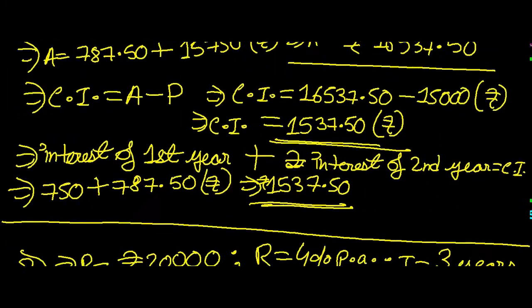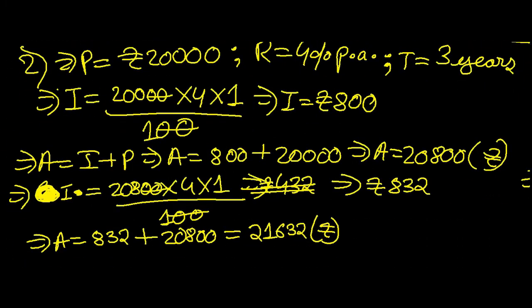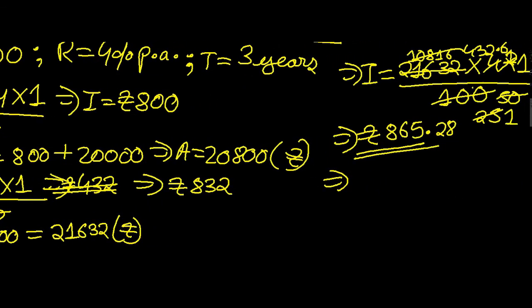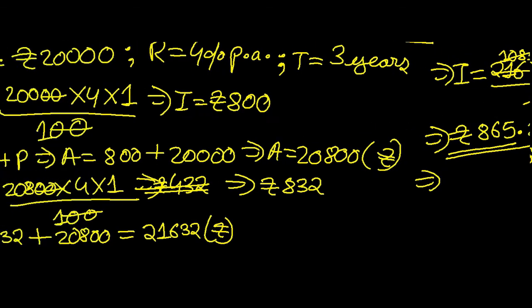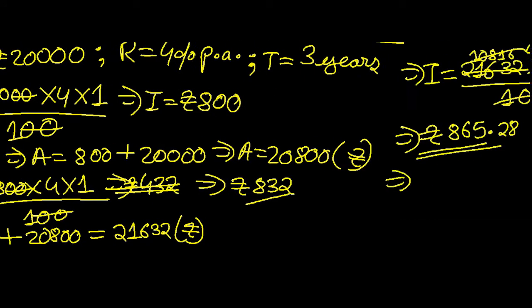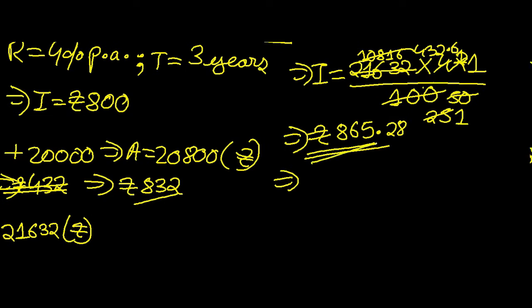So the compound interest for the second year and the third year. The compound interest for the second year is this 832 rupees, and for the third year is 865.28 rupees. So this is the answer for the second year, and for the third year this is the answer.